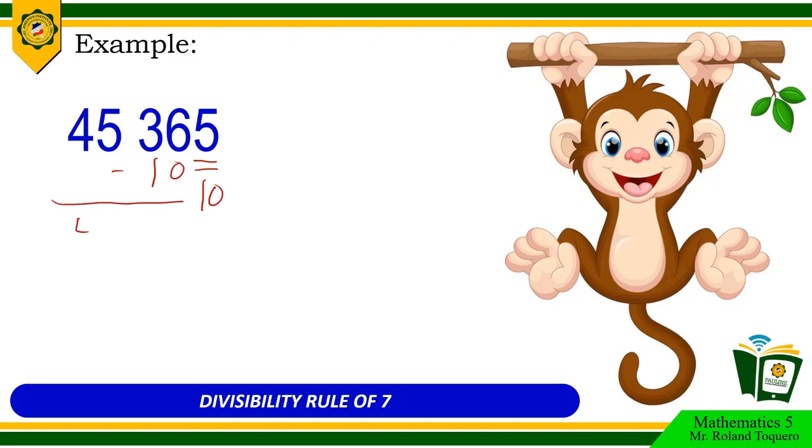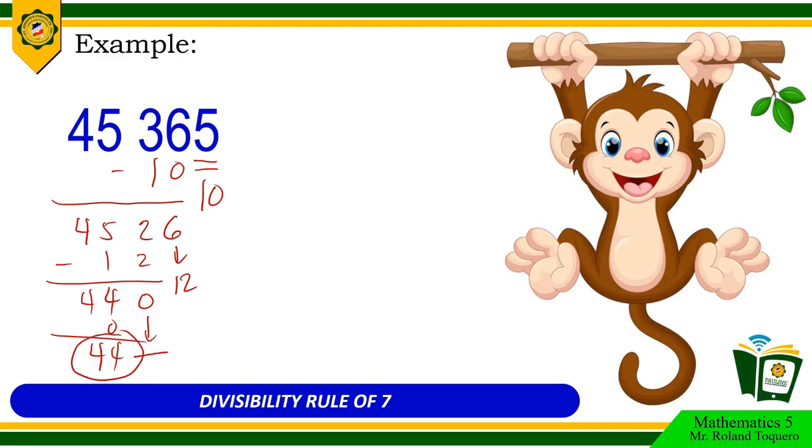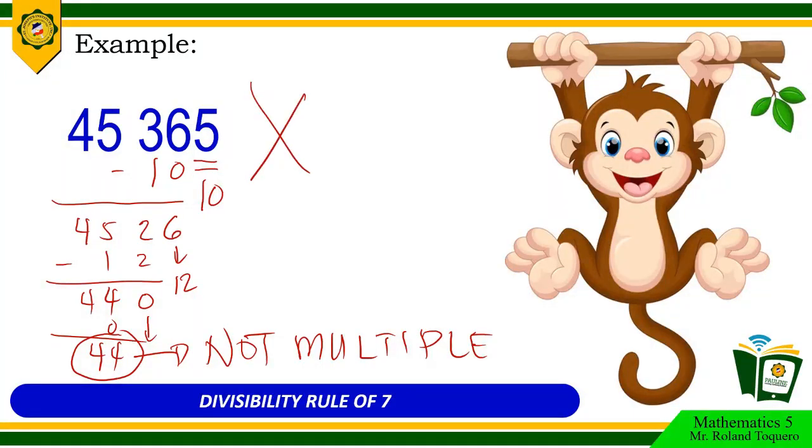Subtract 10 from the remaining digits. 4,536 minus 10 equals 4,526. Repeat the process. The remaining answer is not 0 or a multiple of 7. Therefore, 45,365 is not divisible by 7.